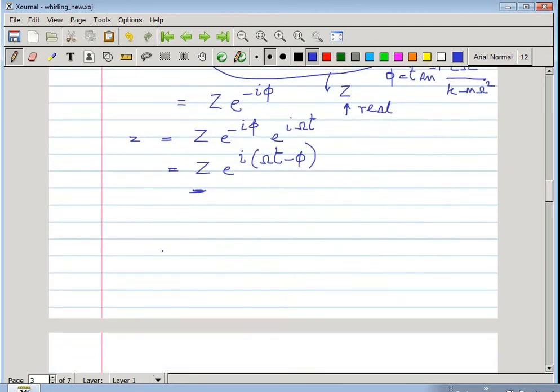So this small z is equal to x plus i y, and its amplitude is capital Z.